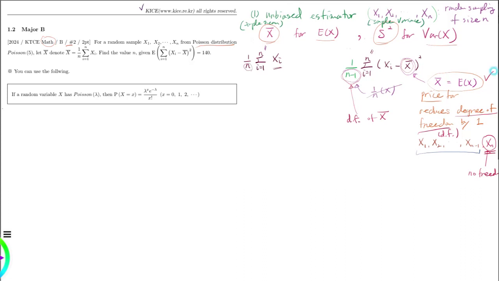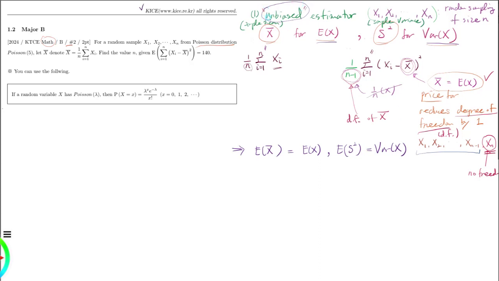The reason why they are called unbiased estimators for the population mean and population variance is that the expectation value of the sample mean is the same as the population mean, and the expectation value of the sample variance is the same as the population variance. This is why they are called unbiased.